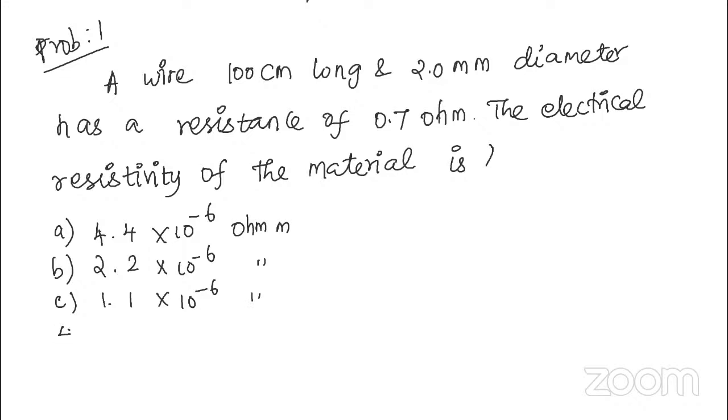And option D is 0.22 into 10 power of minus 6 ohm meter. Okay, they are asking the resistivity value, that is the electrical resistivity value.